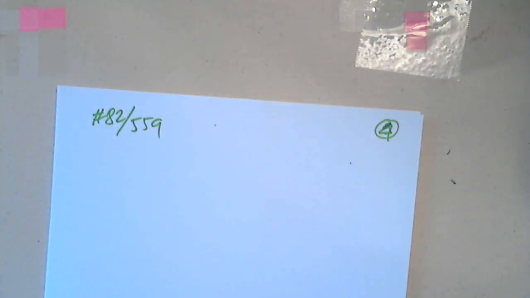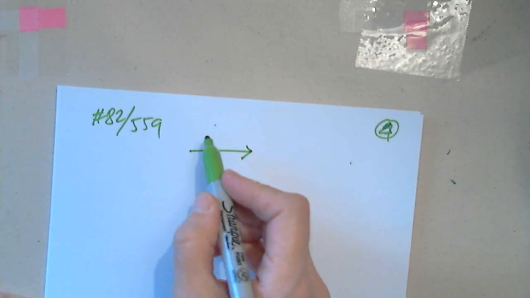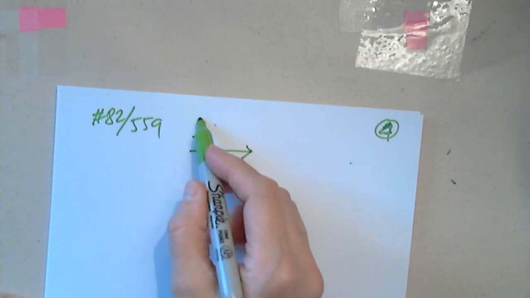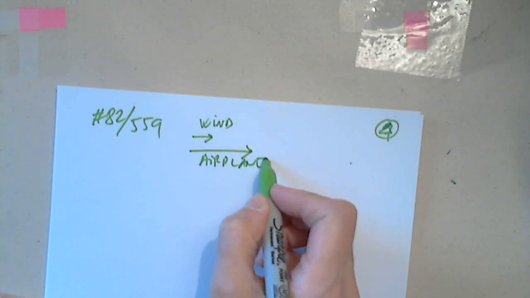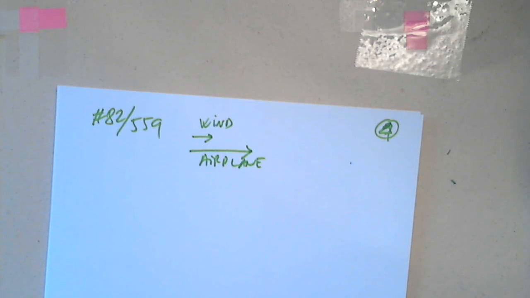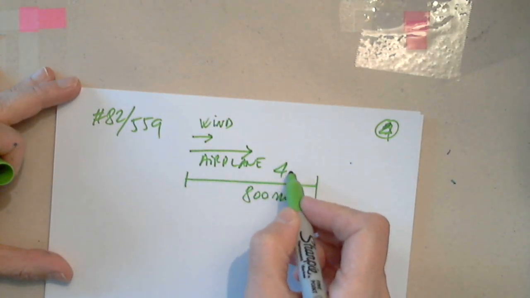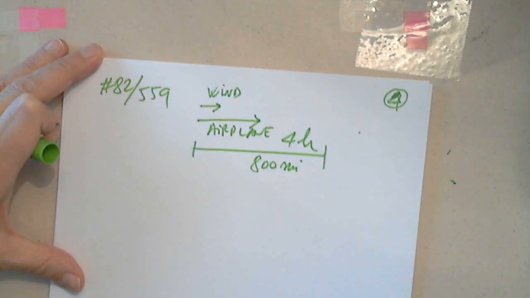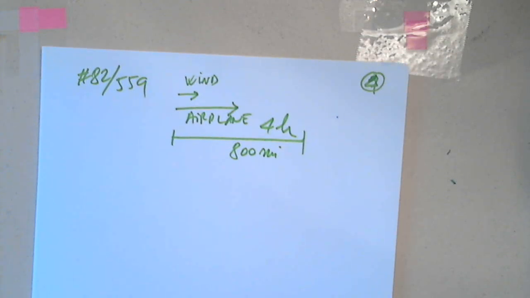When an airplane flies with the wind, so here is the speed of the airplane and this is the wind. When it flies with the wind, it travels 800 miles in 4 hours. Now against the wind, it takes 5 hours to cover the same distance.